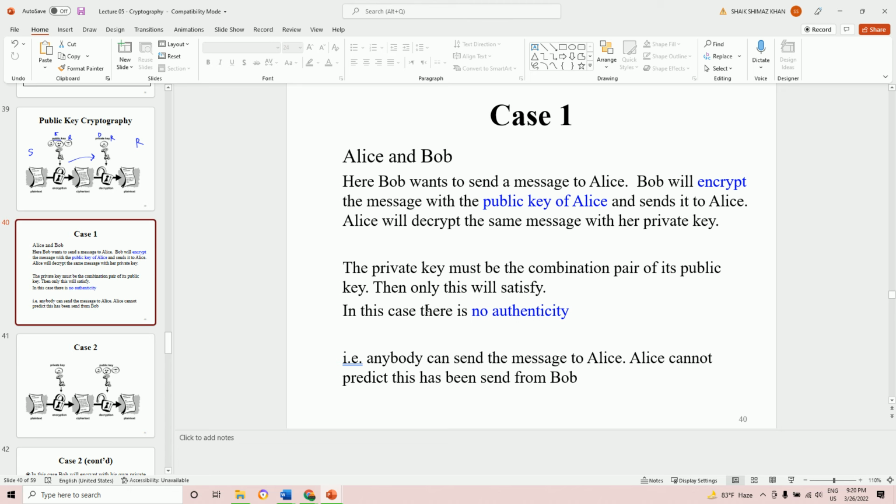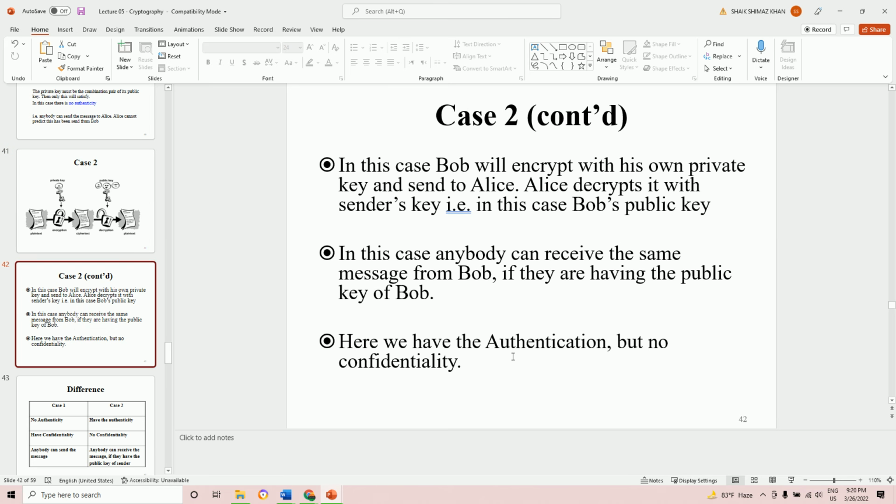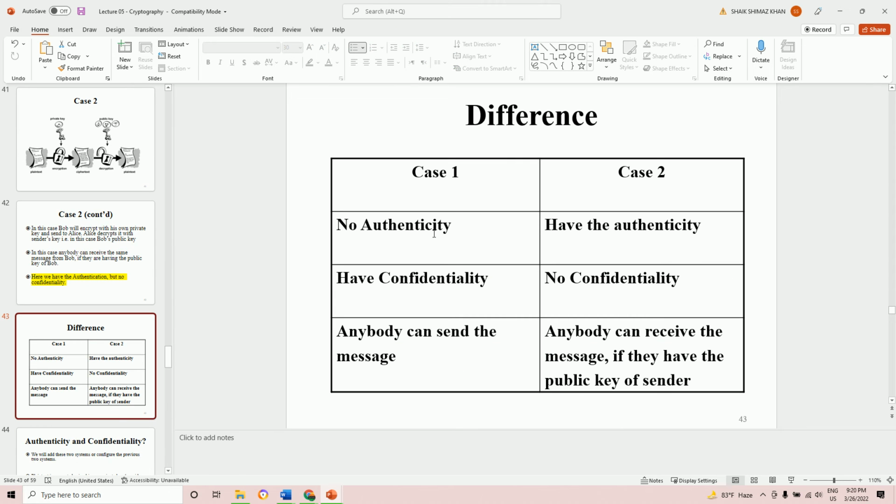In the second case, you are using the private key of the sender for encryption and the public key of the sender for decryption. So in this scheme there is authenticity but no confidentiality. I explained with my diagram already. So in case 1 there is no authenticity but confidentiality, anybody can send the message. In the second scenario there is authenticity but no confidentiality, anybody can receive the message if they have the public key of the sender.